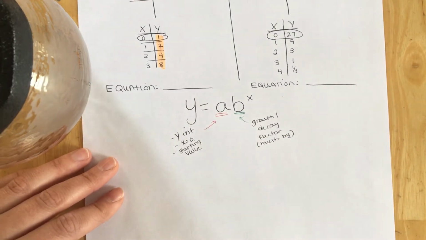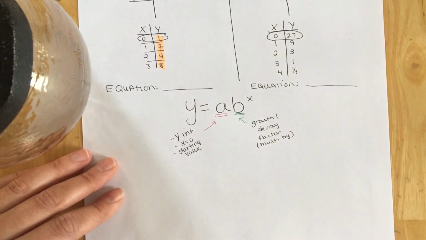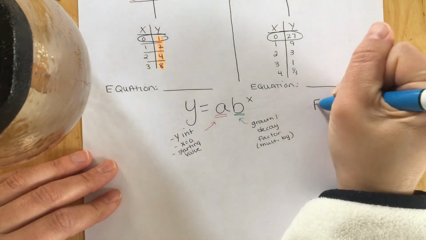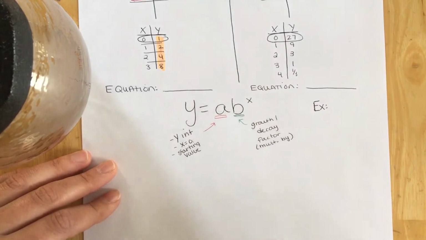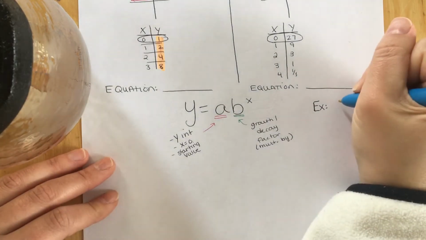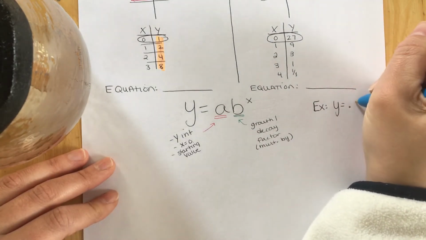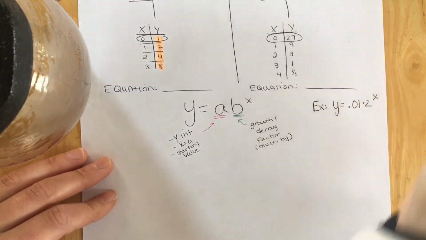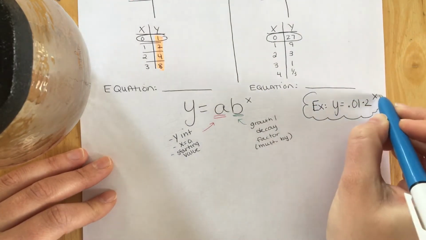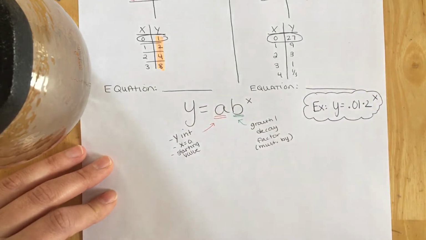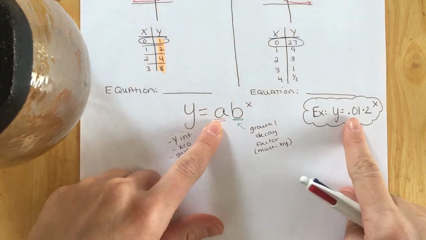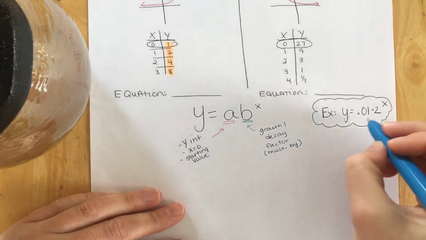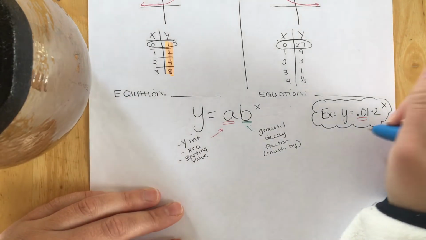So I'm gonna show you guys our example problem. Our example problem, and this should make sense to you, that represents the penny problem is this: y equals 0.01 times 2 to the x. Okay, notice my a in this case is 0.01. That's my starting amount.